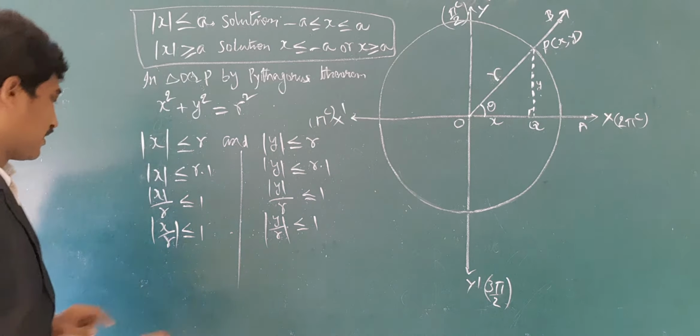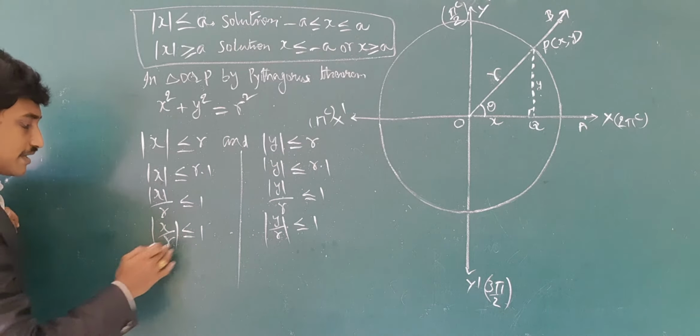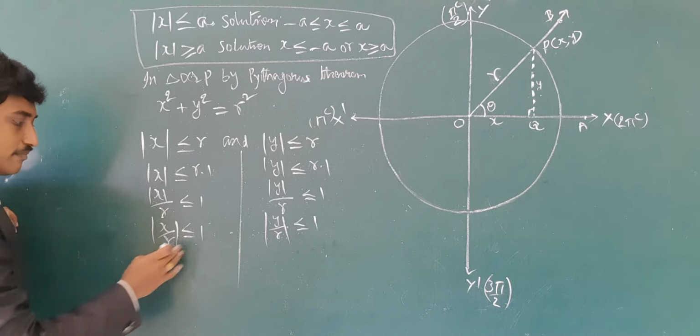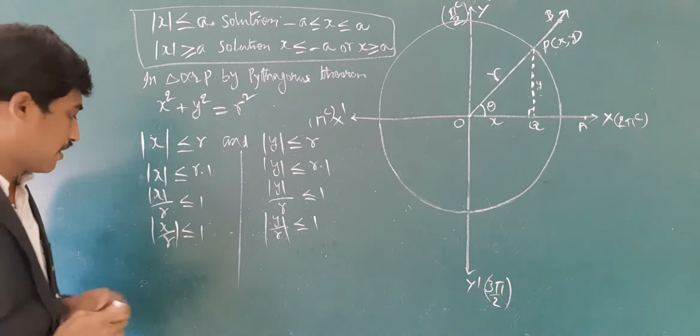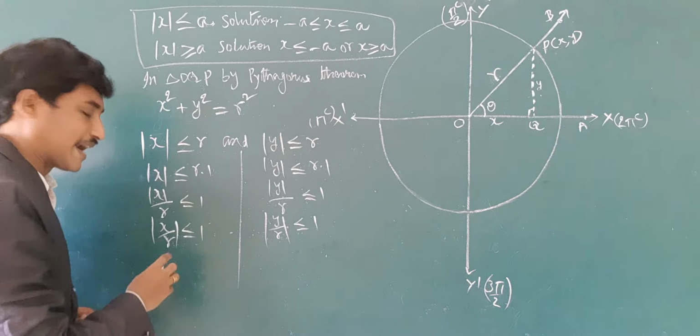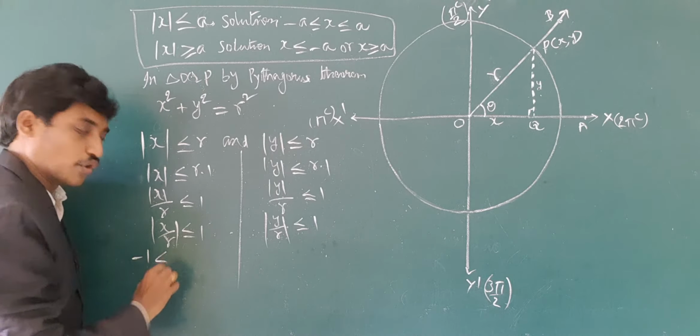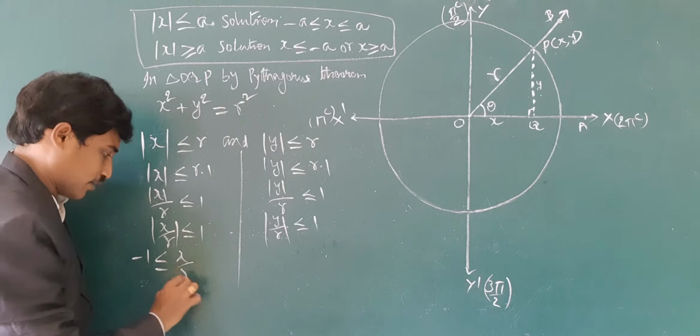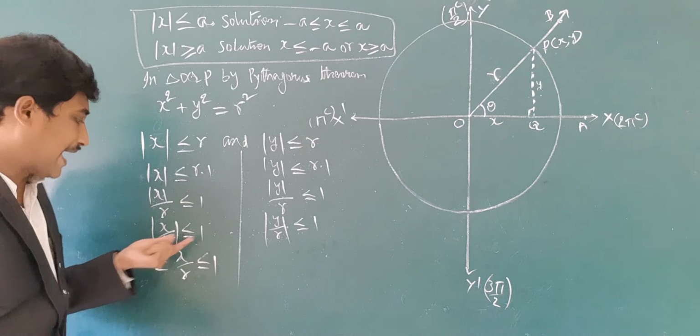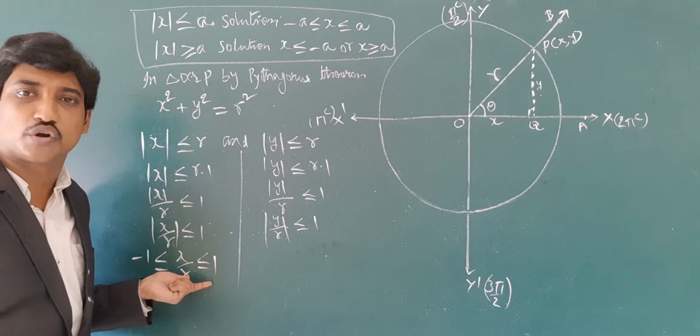In place of x by r, we can write cos theta. Modulus cos theta less than or equal to 1. By the modulus solution, minus 1 less than or equal to x by r less than or equal to 1.